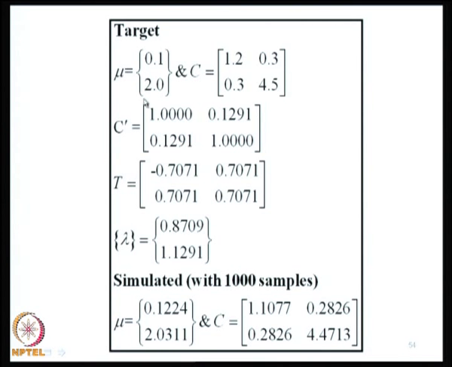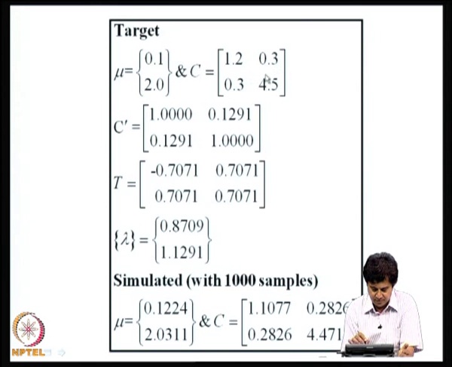For example, if we have a target mean vector of 0.1 and 2.0 and covariance 1.2, 0.3, 0.3, 4.5, I will remove the mean and divide by the standard deviation. I get the covariance matrix as 1, 0.1291, 0.1291, 1. This is the eigenvector matrix, these are the eigenvalues, and then I have done the simulation in the uncorrelated normal space, used this transformation, worked backwards and got x.